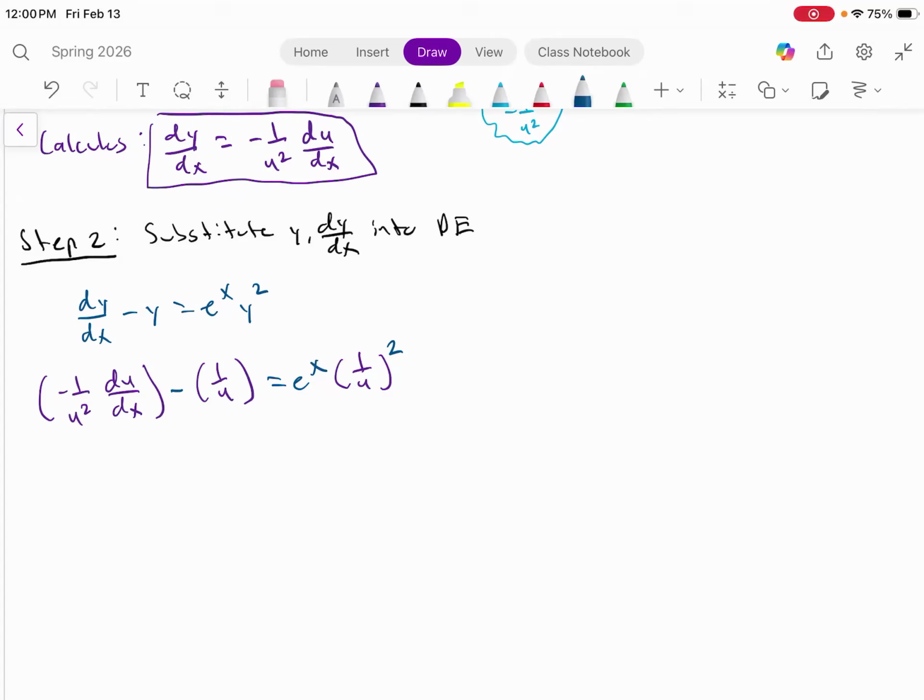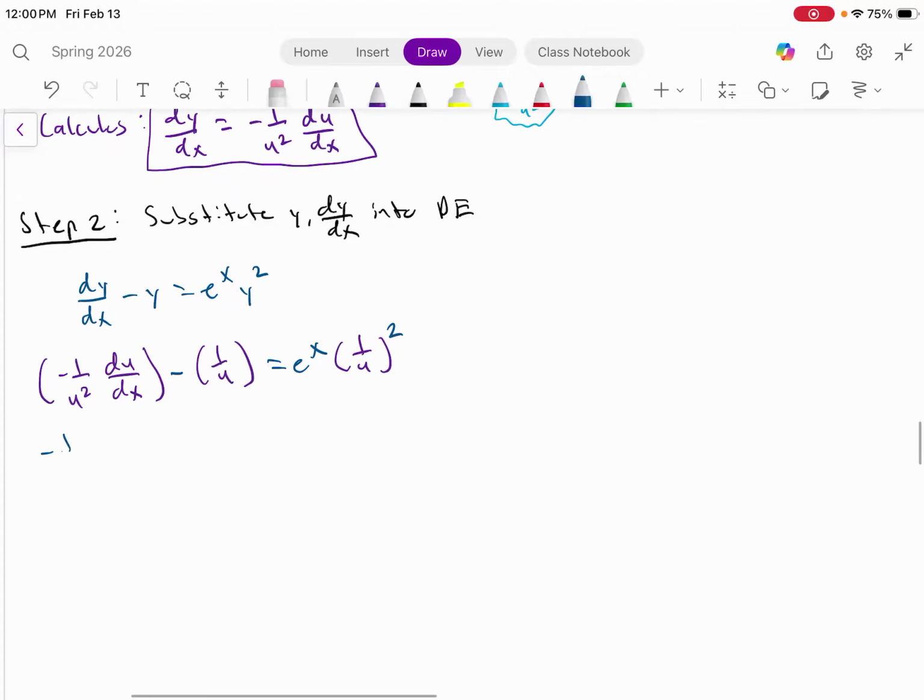Okay, so let's clean this up. Let's simplify some of these terms. So this would be negative 1 over u squared du over dx minus 1 over u equals e to the x times 1 over u squared.